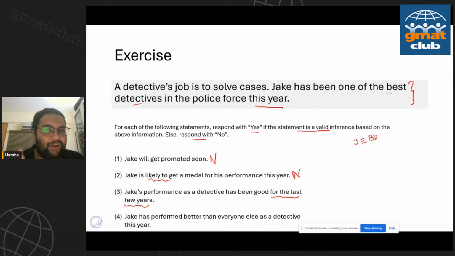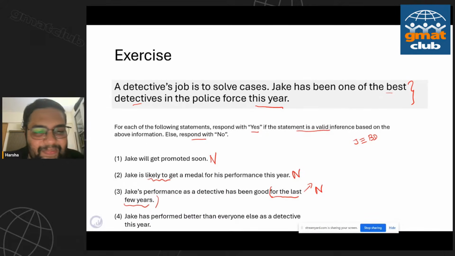All I know is he's one of the best detectives. Is he even good? We don't know. But the bigger red flag for me is for the last few years. All I know is Jake is one of the best detectives this year. How do I know that Jake's performance has been awesome or good for the last few years? Here you're overreaching. You can't infer this. So this is also a no.